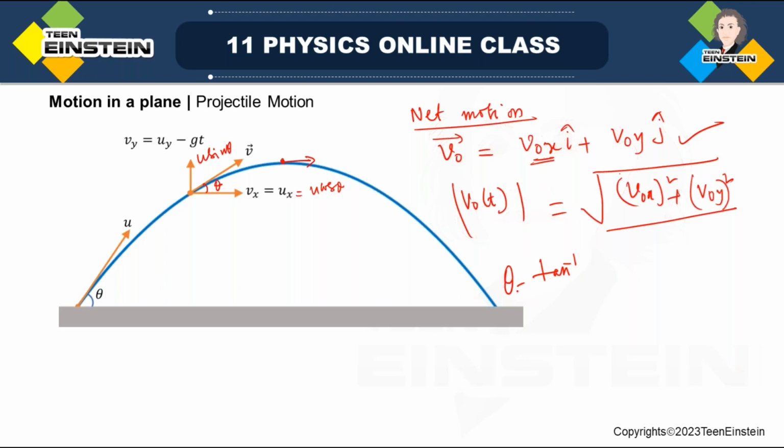That is theta is equal to tan inverse of vy by vx, the vertical velocity by the horizontal velocity.